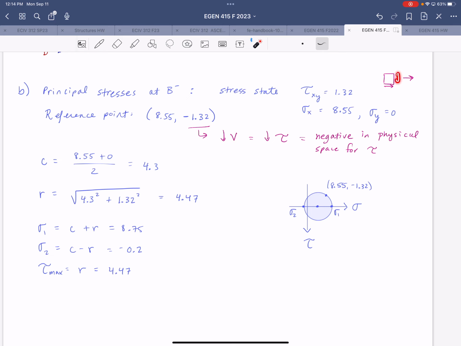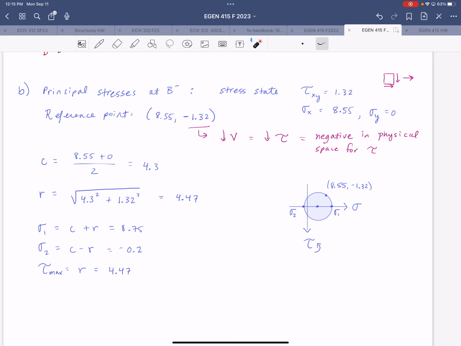The negative shear stress on the right face tends to cause a clockwise moment about the center of that. So the positive Mohr's circle shear stress being plotted below the axis is the direction that would cause a counterclockwise rotation about the stress element.